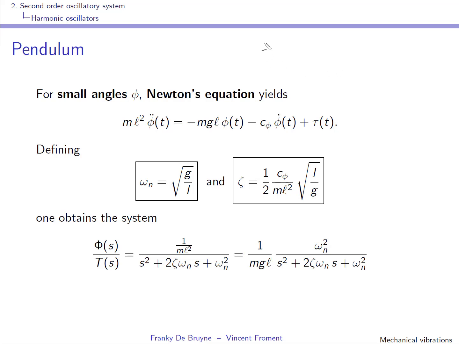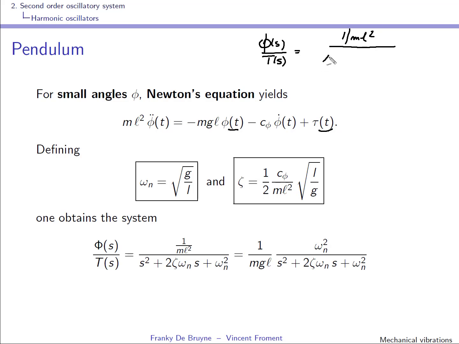So what we'll have here is Phi(s) divided by T(s), which are the Laplace transforms of phi of t and of my external torque, and we'll have something like 1 over m l squared.